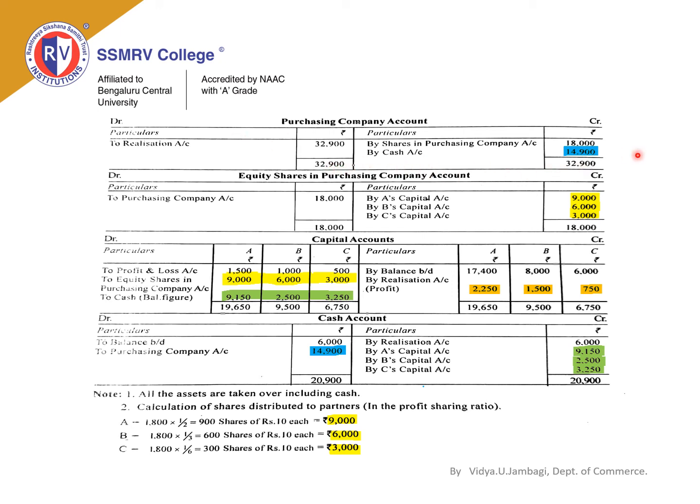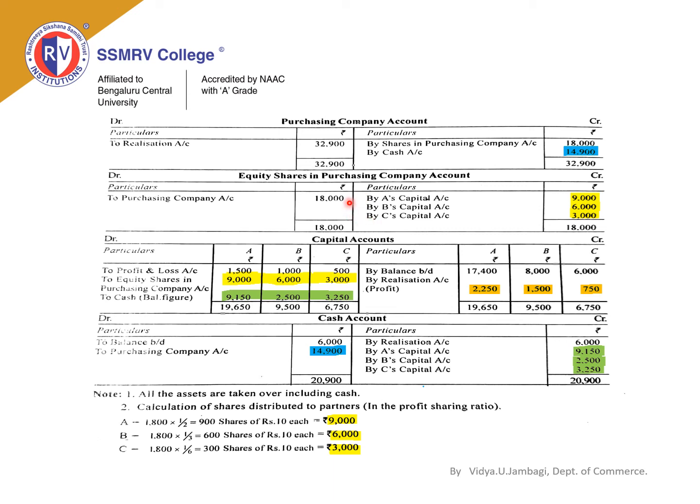The total tallies. The next account is equity shares in purchasing company account. The equity shares of 18,000 are to be distributed among the partners. Now, since in this problem they have asked us to distribute it in their profit sharing ratio, we are going to do the same.